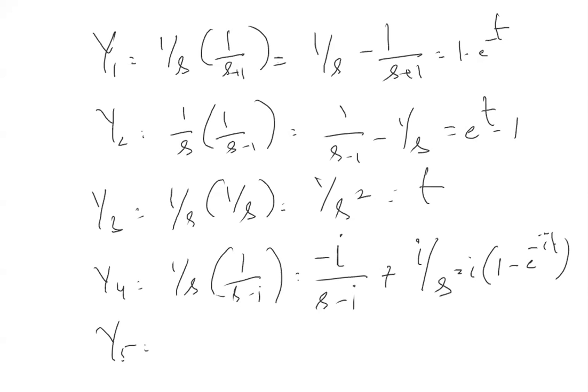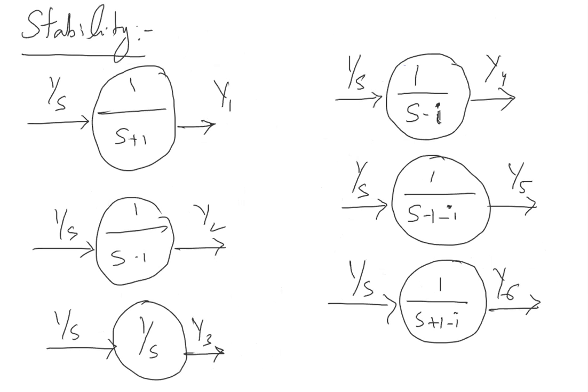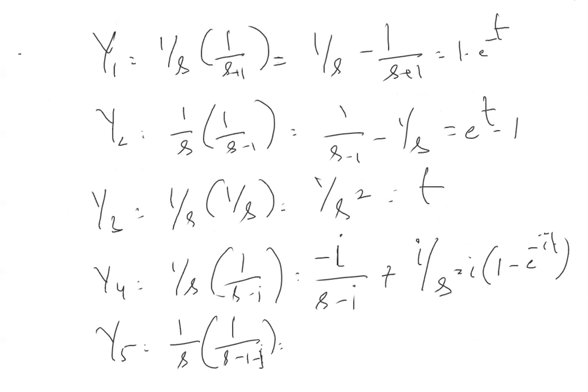Y5. Y5 is 1 by s into 1 by s minus 1 minus j. j or i, both are same. So here I will not split into partial fractions. I will simply write it as a by s plus b by s minus 1 minus j. So what is the transfer function?